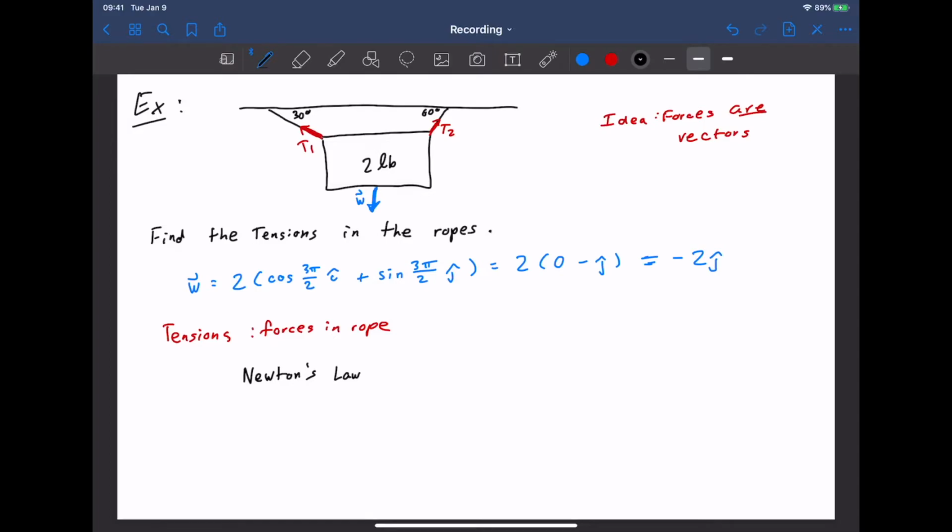If the object is not being accelerated, the forces must be equal, which is that basically W plus tension 1 plus tension 2 all have to be in perfect balance. And this is enough to solve the problem. Wait, how? Why? I hear you saying. Okay. So let's talk about tension 1.